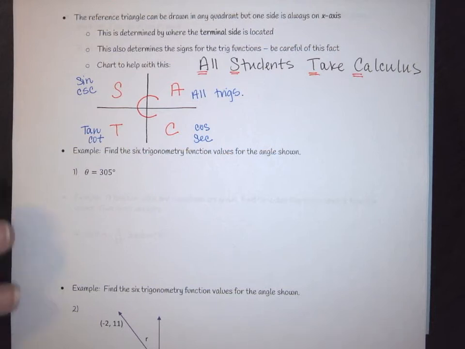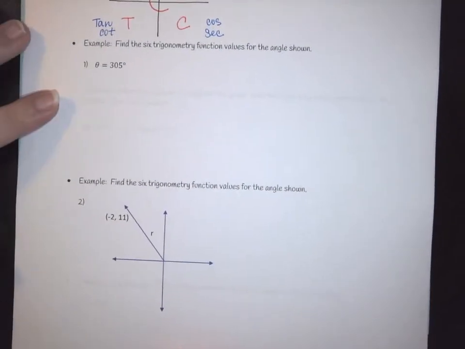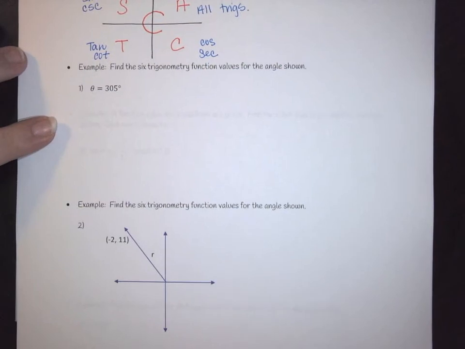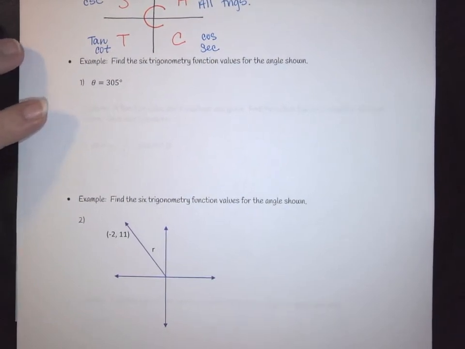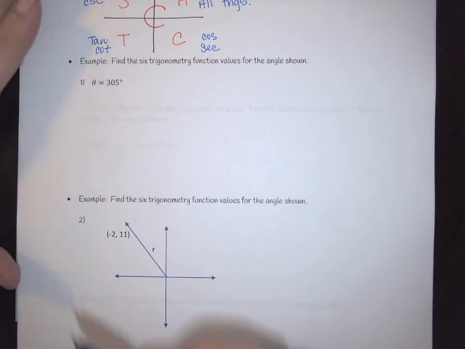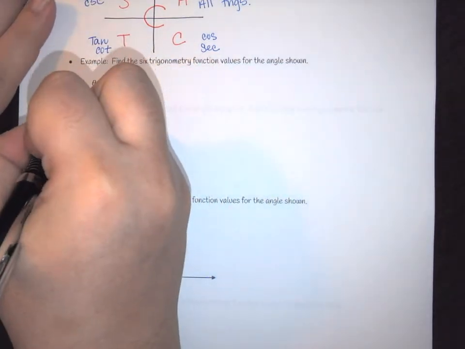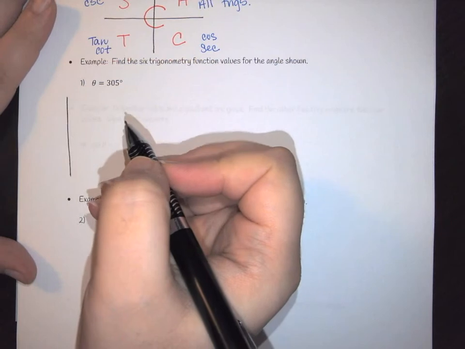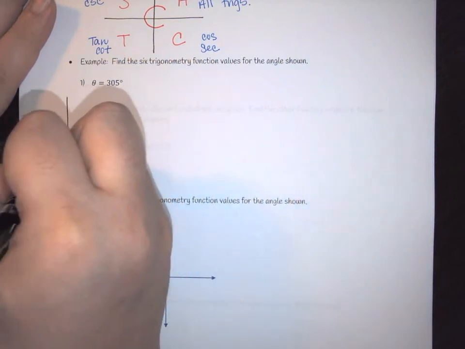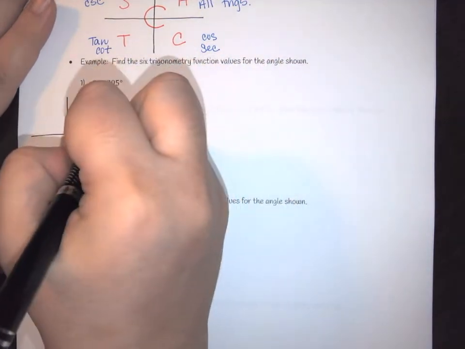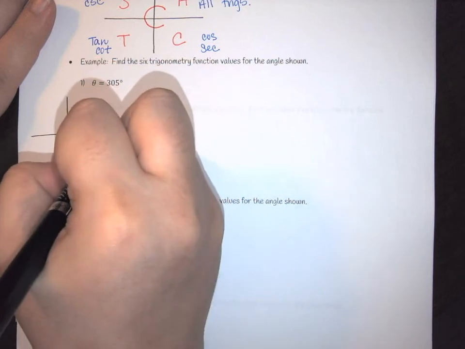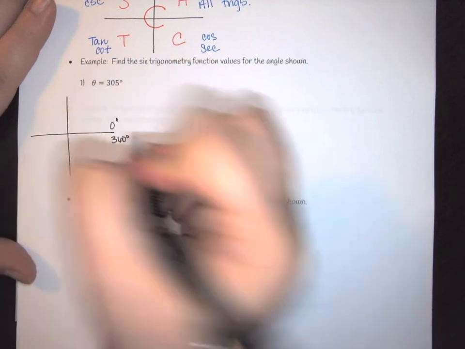So we can use this idea. This first problem says that you need to find the 6 trigonometry functions and the values for the angle shown. And the angle is 305 degrees. First and foremost, we need to draw ourselves our triangle. So we're going to put in our coordinate here. We know that we start with 0, we end with 360.